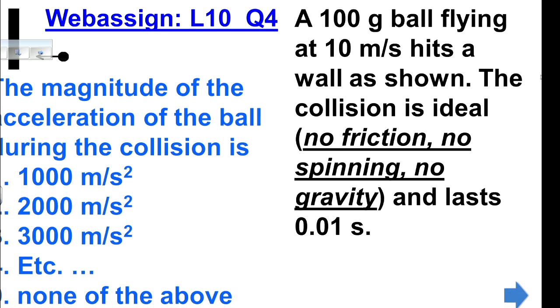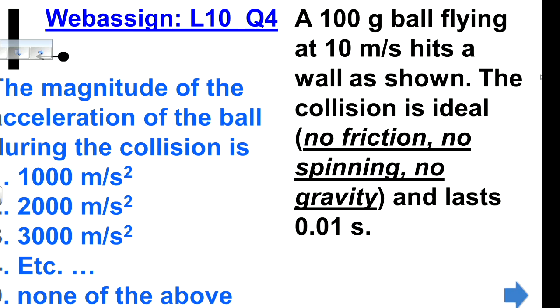When an object bounces off a surface, it means there is a force acting from the ball on the wall. There is a force acting from the wall on the ball. That's why it reverses its direction. In general, if you play tennis, you can spin the ball.